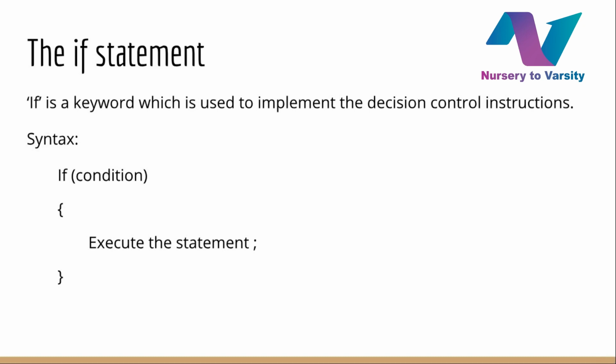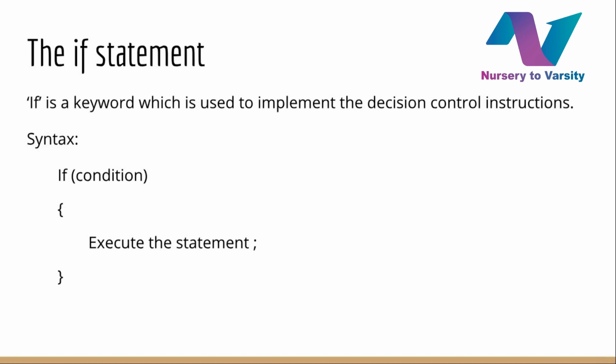The syntax of the if statement is: if, bracket, condition, and then curly braces to execute the statement. Here the curly braces are optional if we are using a single statement in our if instruction. In this syntax, the keyword if tells the compiler to execute the statement according to the condition. If the condition is true, then only the statement will be executed.